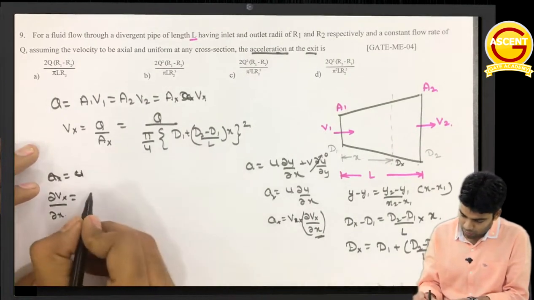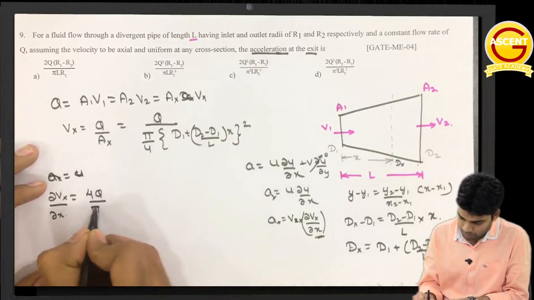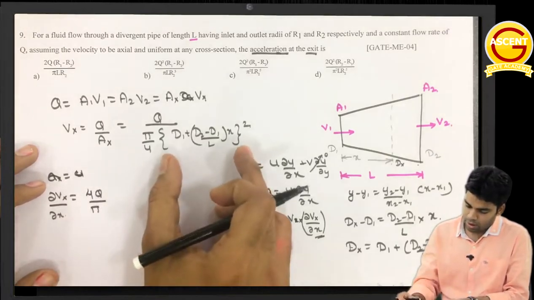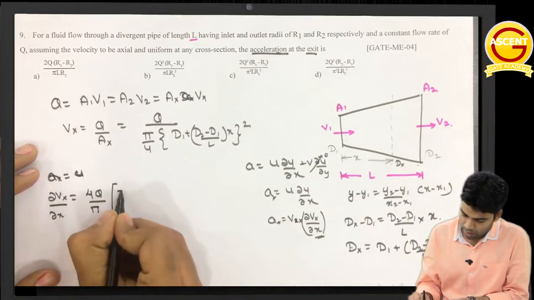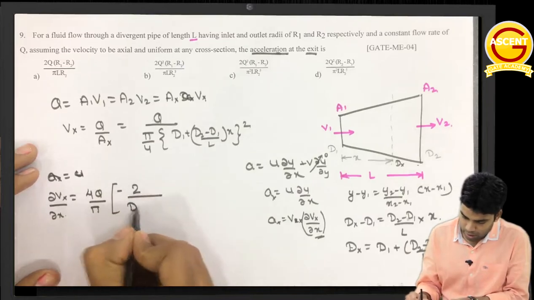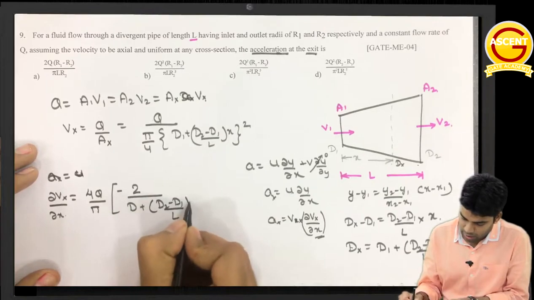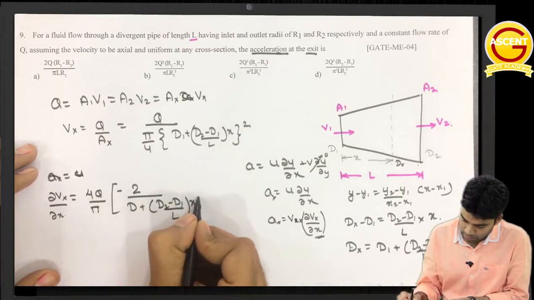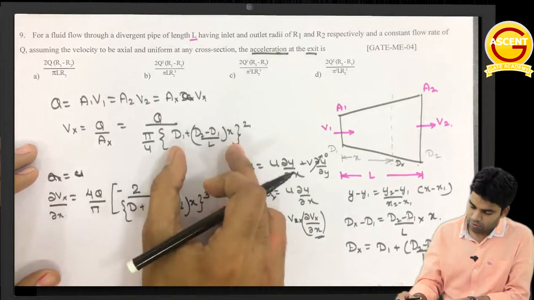So this will be 4Q by pi, which will be taken as common. This whole term will give us minus 2 by (d1 plus (d2 minus d1) by L into x) whole cube, into differentiation of this.